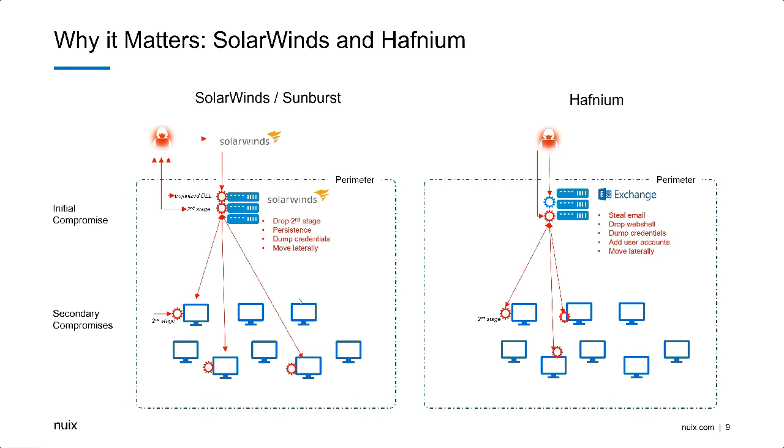You're not stopping him from getting over the perimeter wall, but you're catching him before he can get to anything interesting, before he can get to the little map that tells you where everything is inside the castle, or the crown jewels themselves, or the armory, or whatever. You've basically found him before he's able to do any damage.